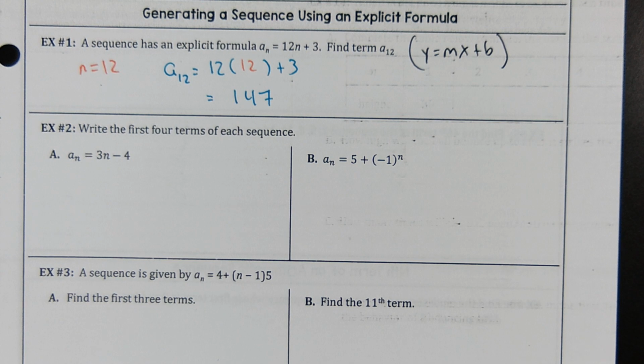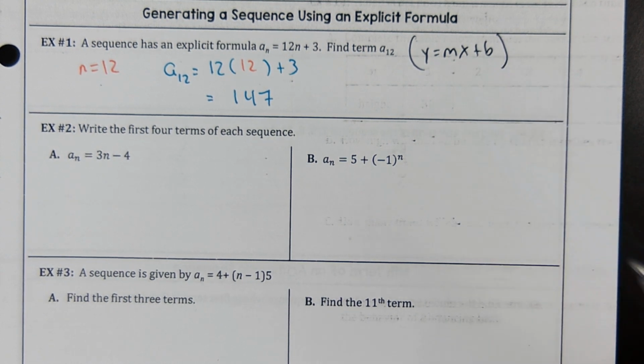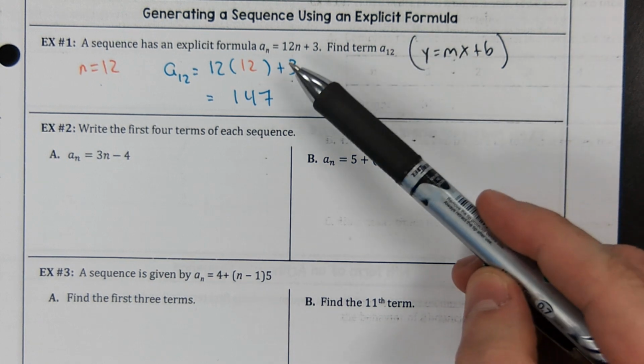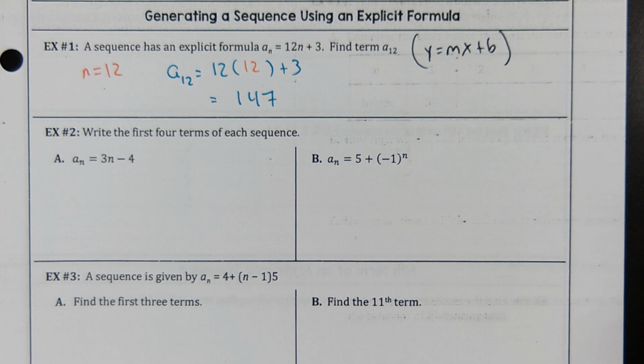Very interesting. Oh, by the way, since we did mention slope-intercept, what is the first term of this sequence? 15 is the first term of the sequence. How did you get that number? Plug in n equals 1. Do you know what some people might have said and is absolutely the wrong thing to say? 3.